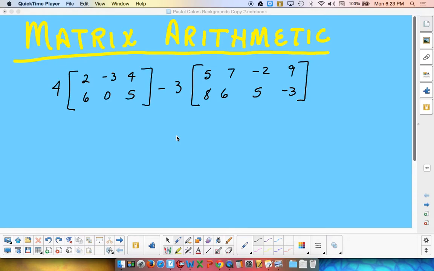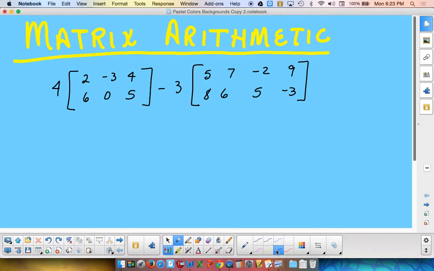Okay, the first thing here, if you notice, I have a 4 in front of a matrix and a -3 in front of a matrix. What is it I want you to do with that? Well, when there's a number in front, that's called scalar multiplication, because when you multiply by a single constant number, that's a scalar.